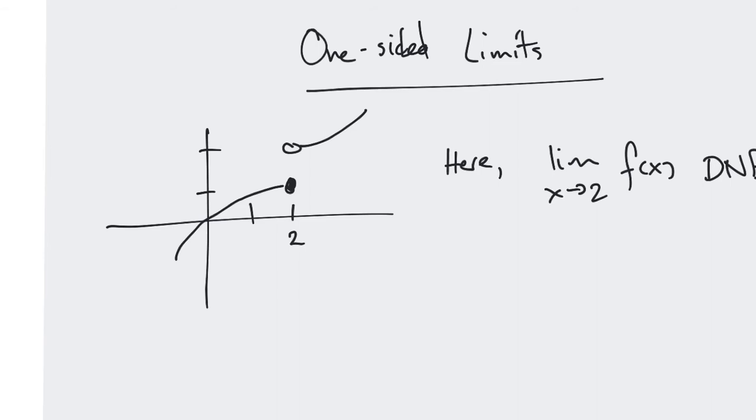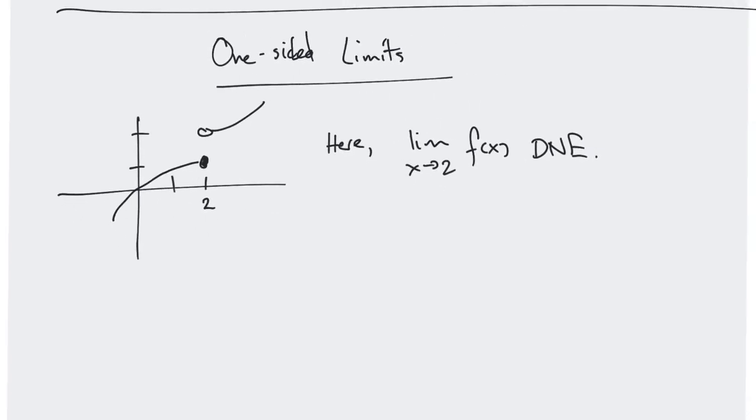If you're looking on the left side of the 2, then it's down here, but on the right side, to the right, it's up here, right? And they're two different things, and so if I just ask you about the limit, we say the limit does not exist. That's because it kind of approaches two different values on the two different sides.